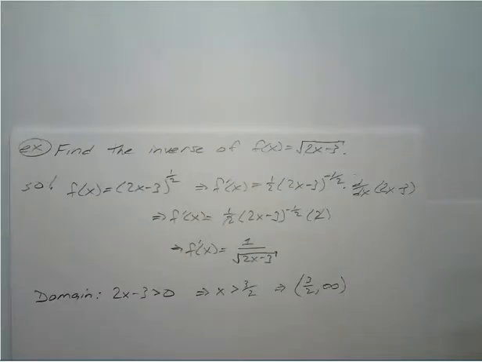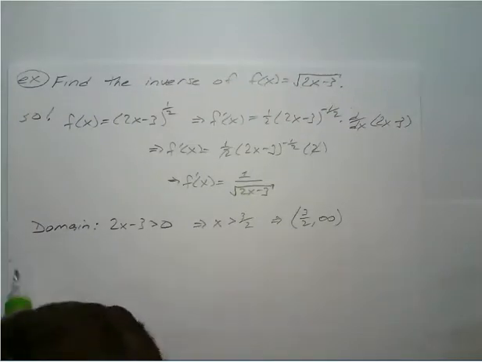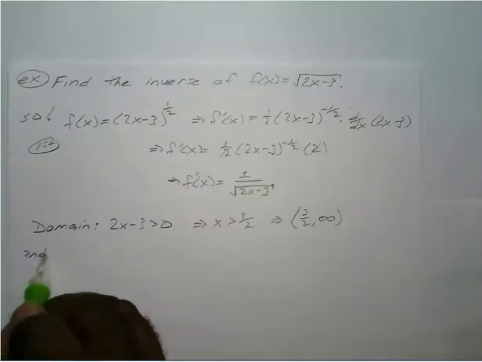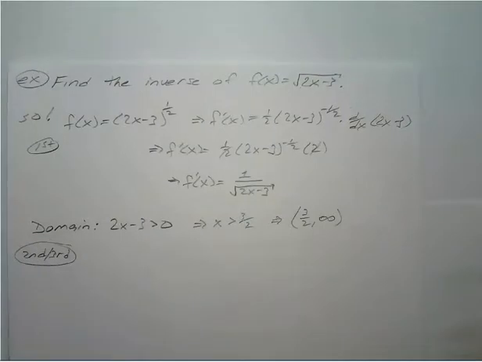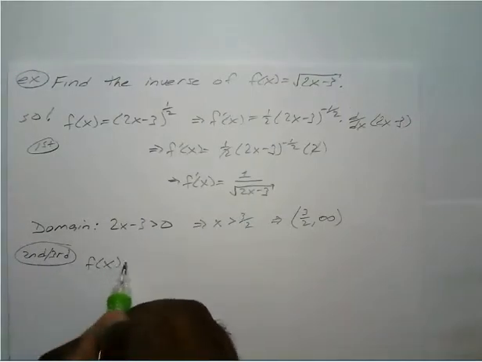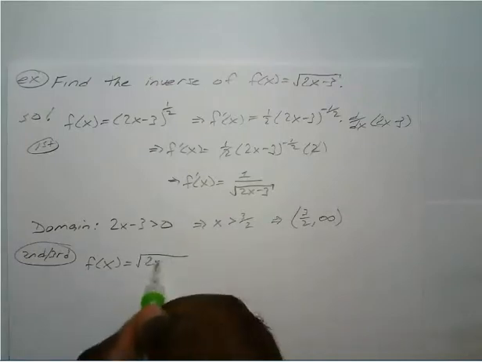So we go to our second step. Well, might as well mix the second and third step. So this is our first step, and we mix our second and third step. We have f of x equals the square root of 2x minus 3.